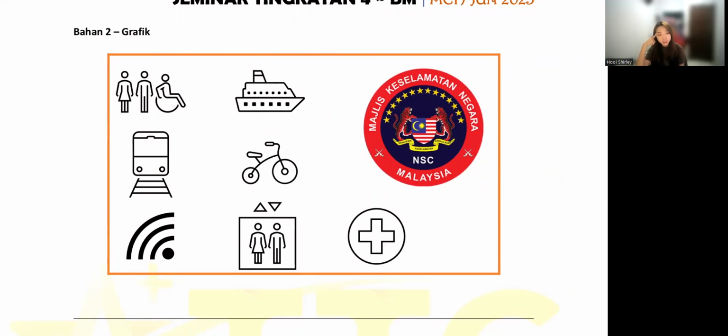Datang ke Malaysia. Okay, then this one. What is this? That is OKU here. Okay, this is ferry. Bicycle. This is the train. Wi-Fi. Everything here is like what? Pengangkutan awam ataupun kemudahan awam. Exactly, the pengangkutan.